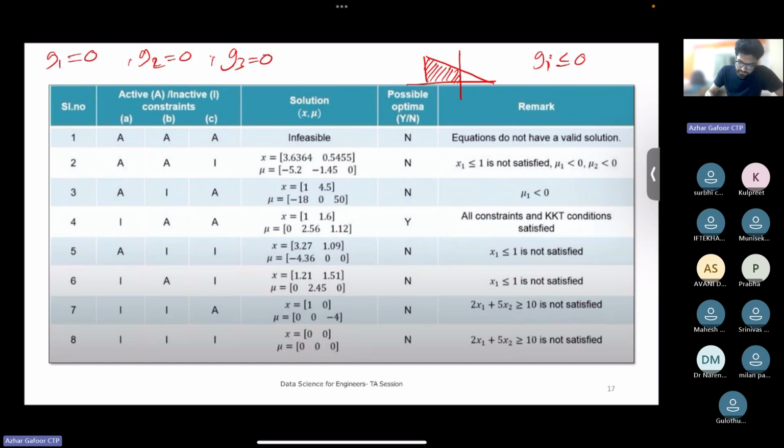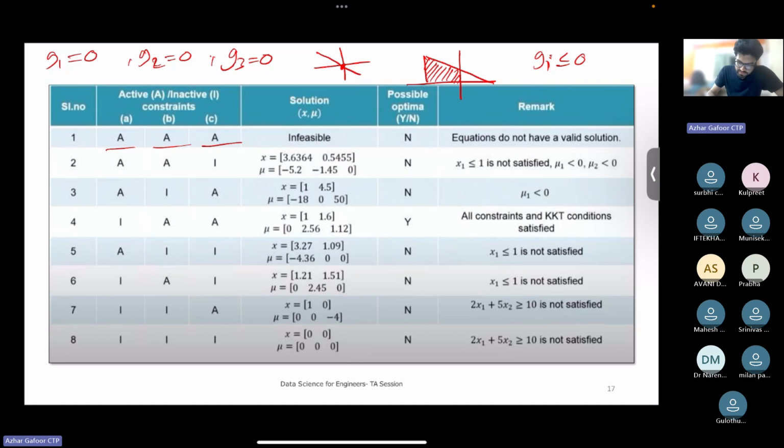If you look at our solution space, there is no point which is common to these three lines. If our lines were like this, and we had a common point to all three lines, we could consider the situation where all the constraints were active.